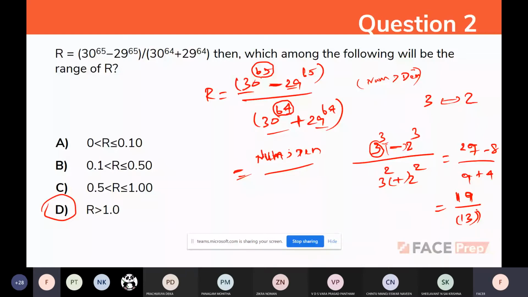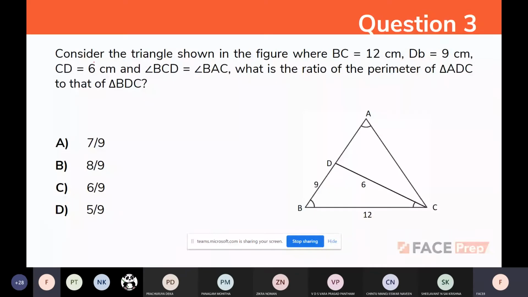So this is the next question. Let me read the question. This is another kind of question. As I said in the starting, each question is from a different concept and a different way of approach. Consider the triangle shown in the figure where BC is 12, DB is 9, and CD is 6, and angle BCD is equal to angle BAC.